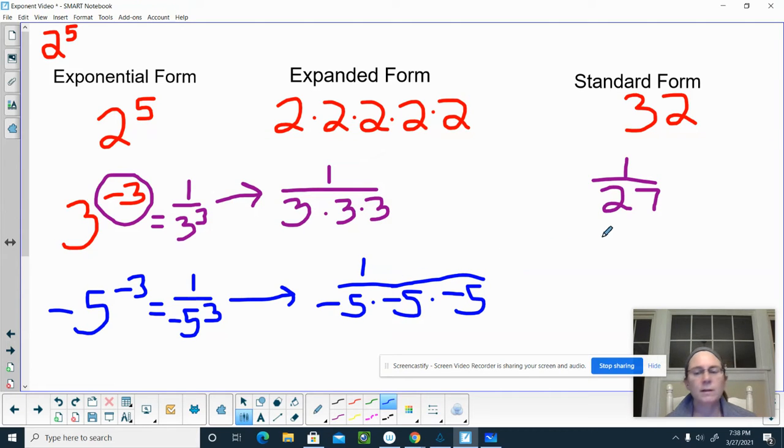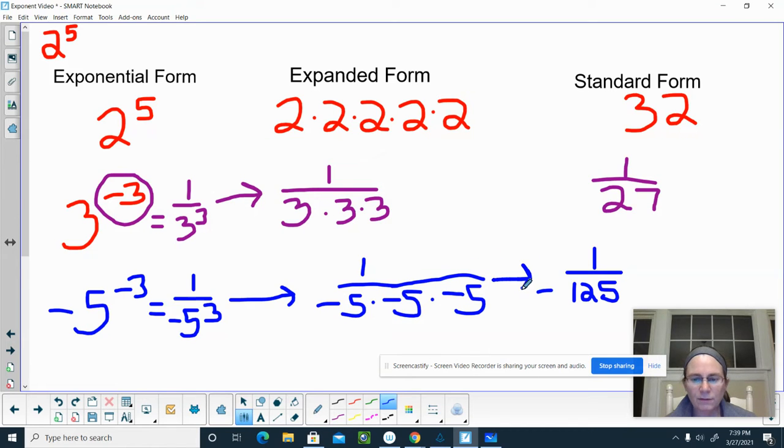All right, and now we get to standard form. 1 is still our numerator. Now negative 5 times negative 5 is positive 25. I don't think I said that right. Negative 5 times negative 5 is positive 25, times another negative 5 is negative 125.